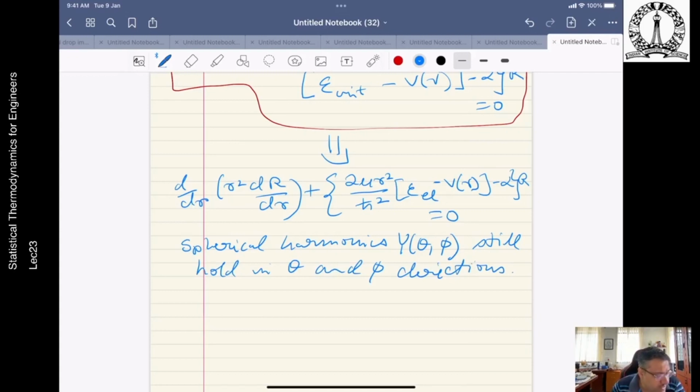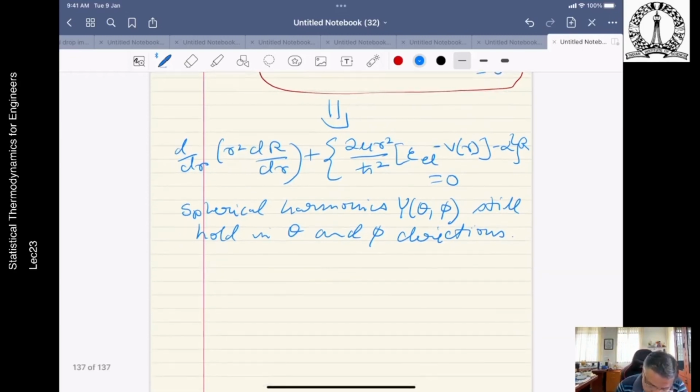So what will happen is that we obtain an analogous solution for Y, analogous to what we did for the diatomic particles.